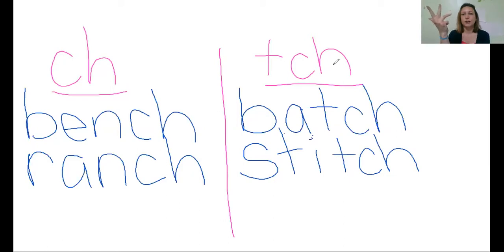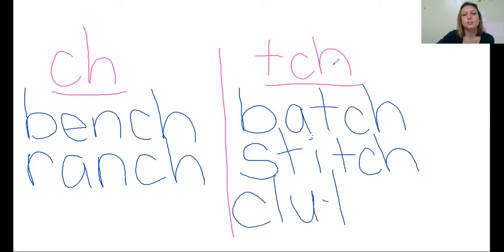I heard uh which is a short vowel. So I'm going to put it TCH. If you clutch something, you hold on to it tightly. Clutch. C-L-U-T-C-H. You might clutch somebody's hand when you're feeling scared.